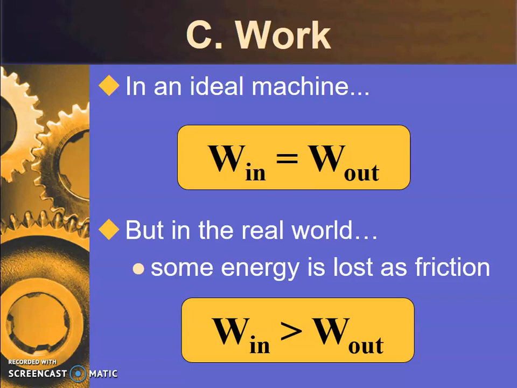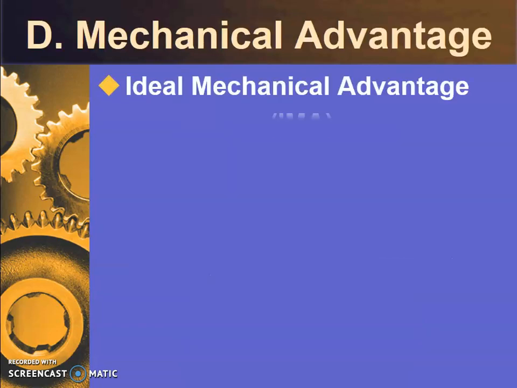You don't have that perfect work in to work out ratio because we lose some energy to friction. We learned about this when we learned about energy. When we convert between potential energy and kinetic energy, they should be equal. But they're not perfectly equal because we lose a little bit of energy to friction.